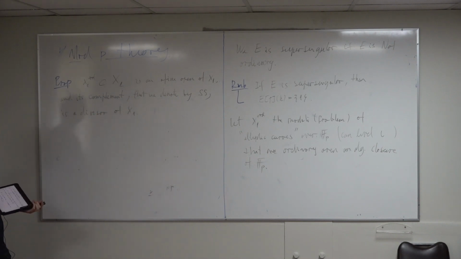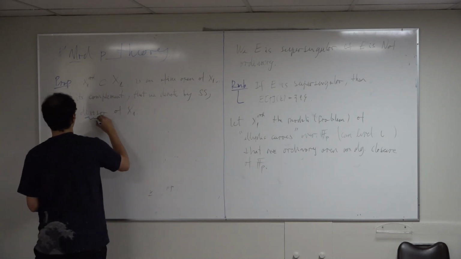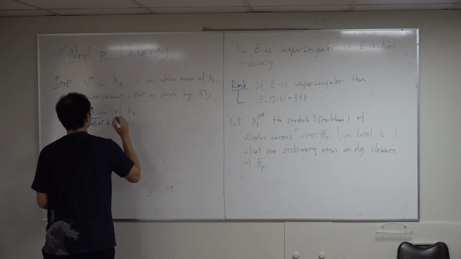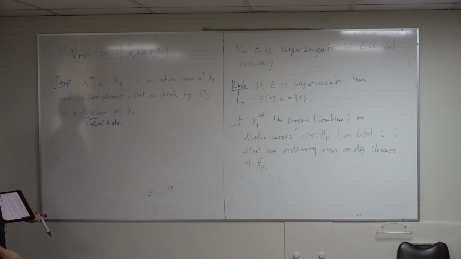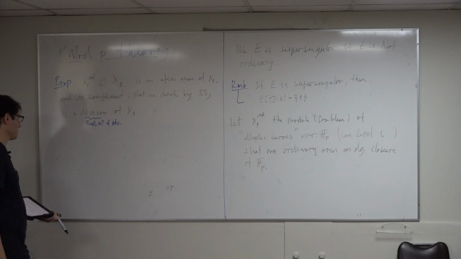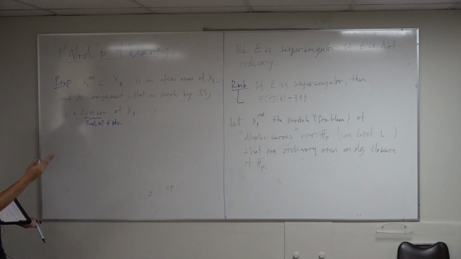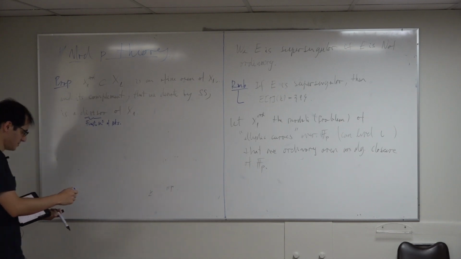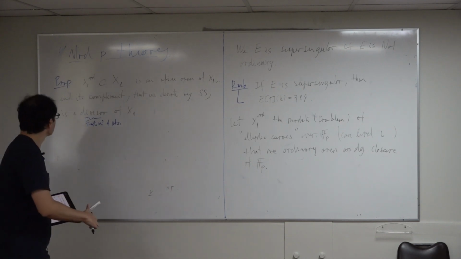In this case, since we are working over F_p, divisor just means a finite number of points. X1 is a curve, and we are over a field, so dimension 1 becomes dimension 0. For example, in the case where we were in characteristic zero, these divisors are one-dimensional.